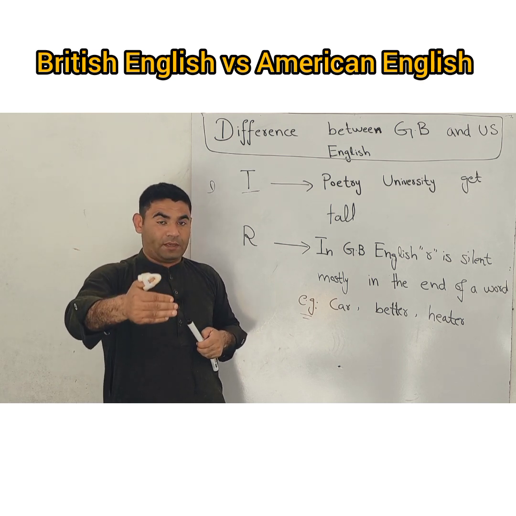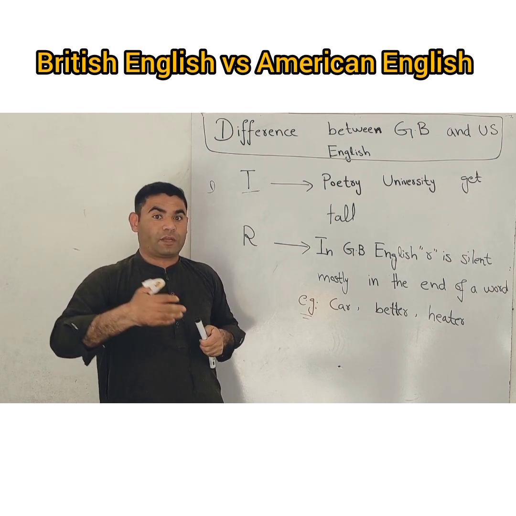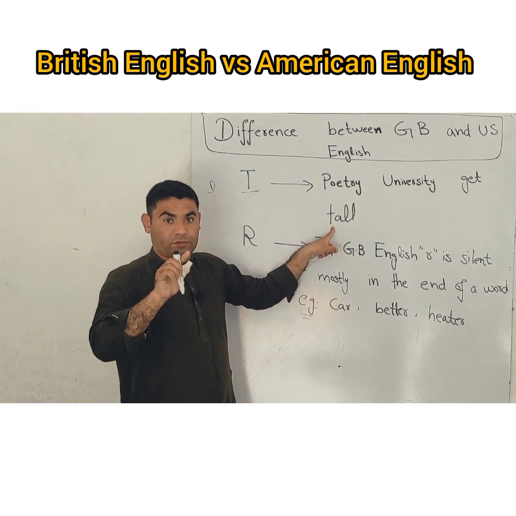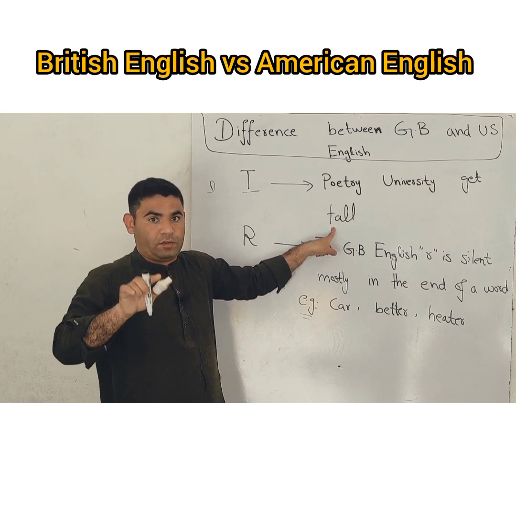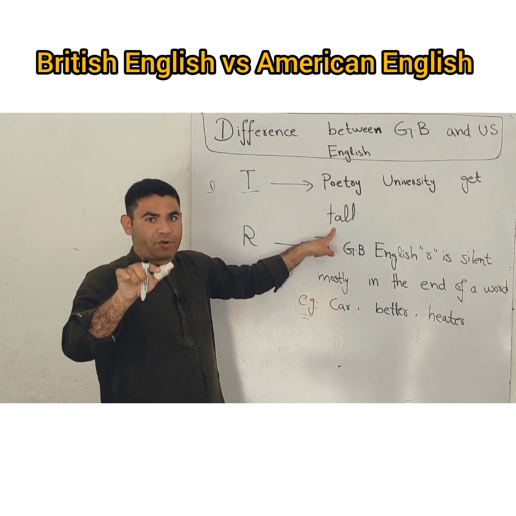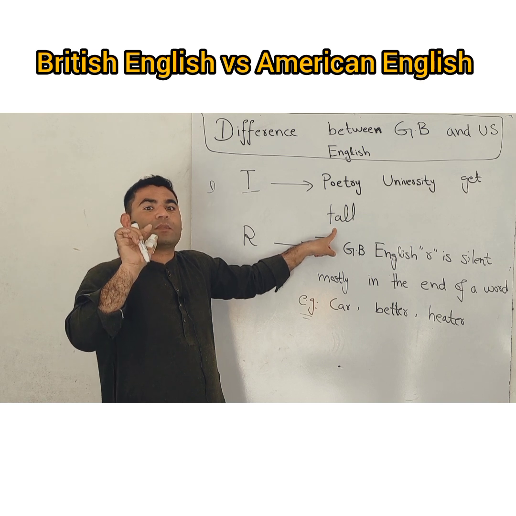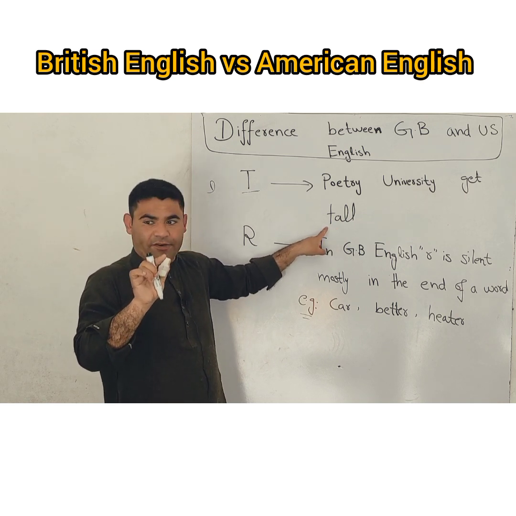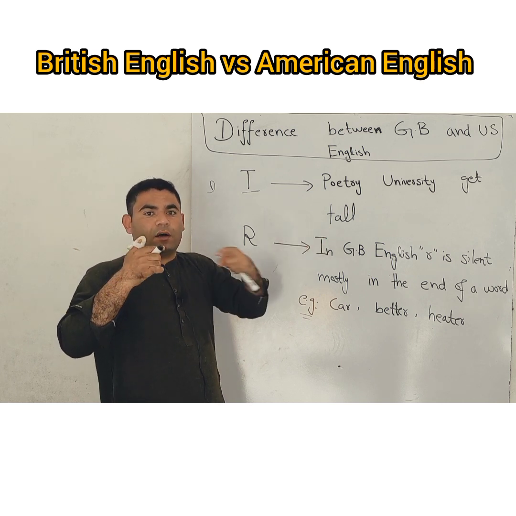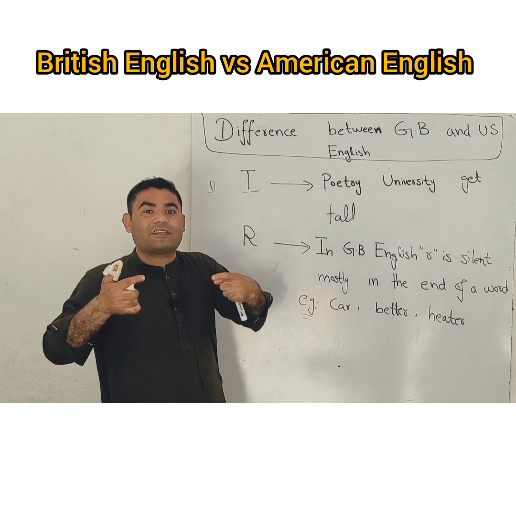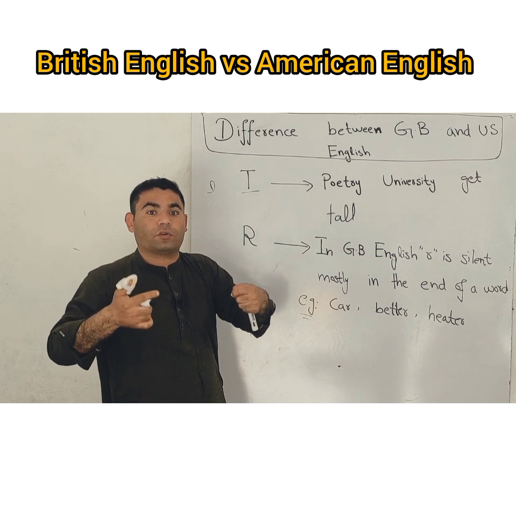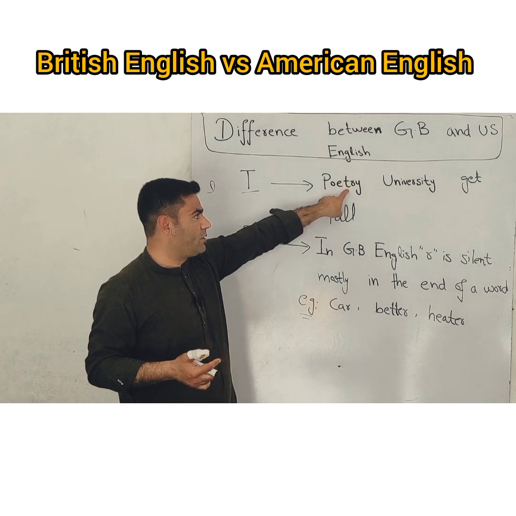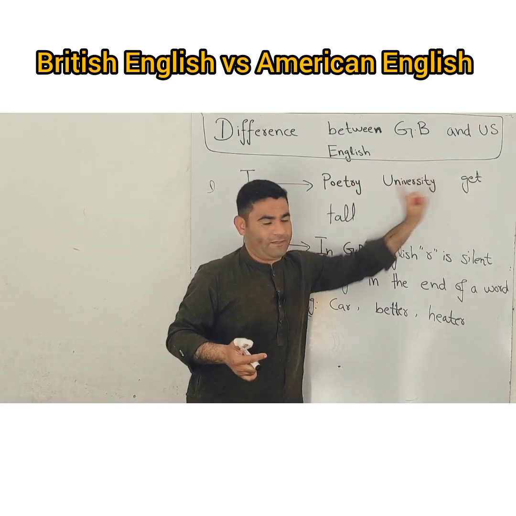Both in American and British, when a word starts with the T sound, you have to pronounce it as a plosive sound, like tall. When will it be D? When it is in the middle or in the end of a word, only there.